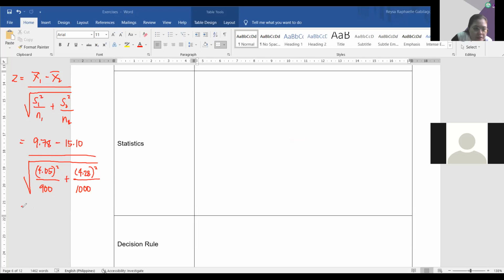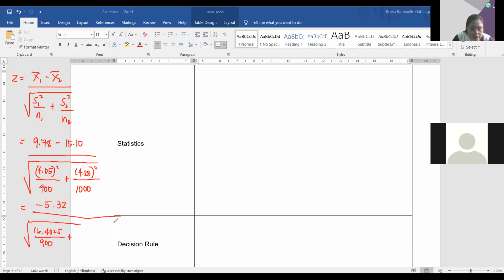Sige. So let us continue. 9.78 minus 15.10 is negative 5.32 divided by square root of 4.05 squared is 16.4025 divided by 900.